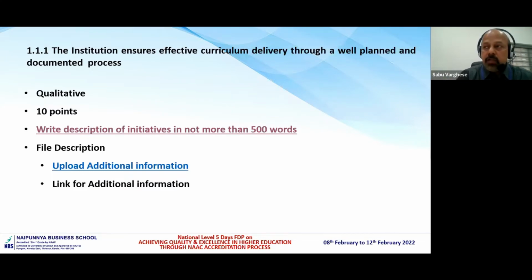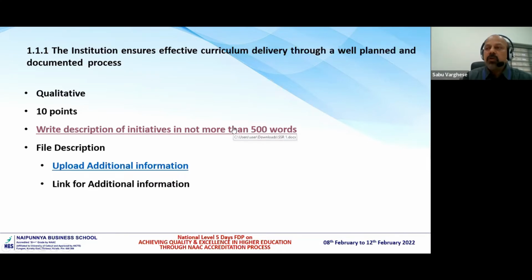So in the manual, this is what they need. One is to write a description of initiatives in not more than 500 words. Dr. Jacob in yesterday's session spoke about how you have to limit your description to 500 words. So I will show what we have written in our SSR, self-study report, as an example of what we have done.